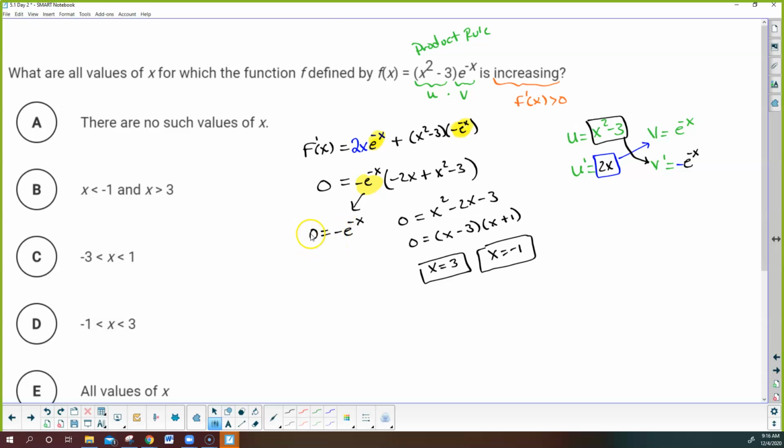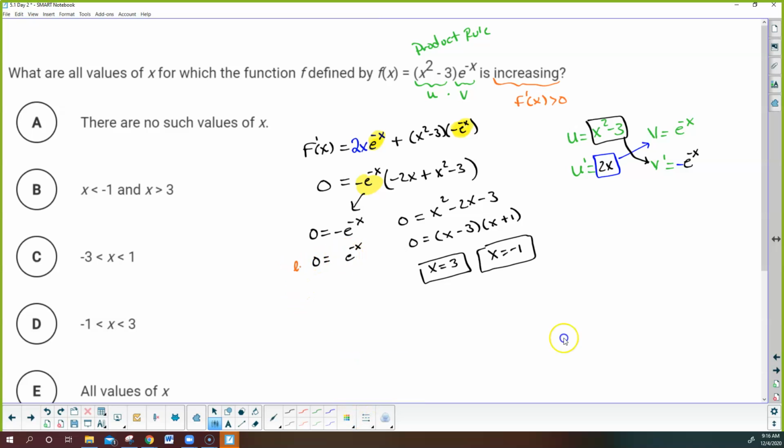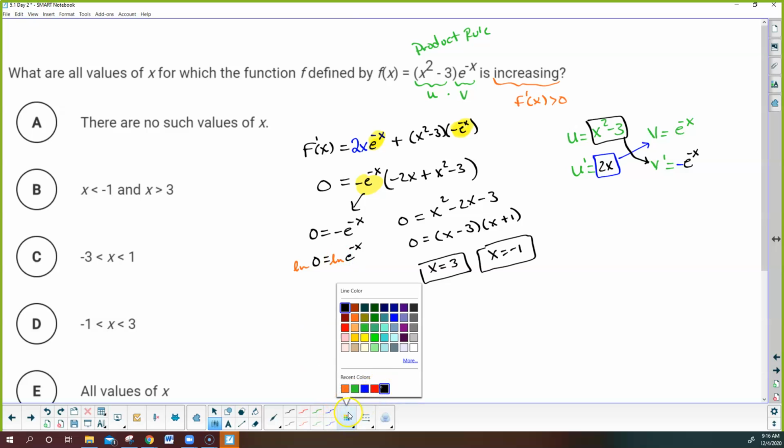why. So if I get rid of the negative over here, if I divide by a negative 1, I'm left with this. And then pre-calculus wise, how do I get rid of base e? We take the natural log of both sides. And the ln and the e go away, so it says negative x is equal to ln of 0.